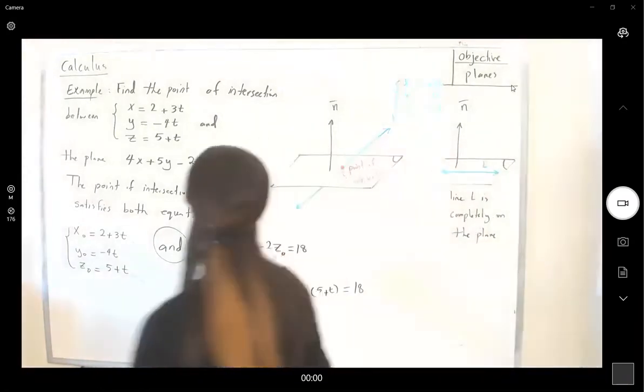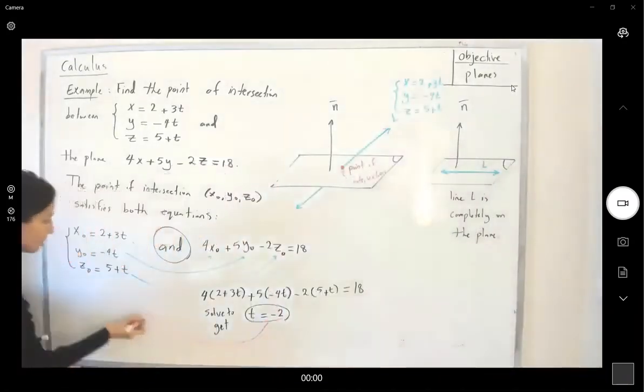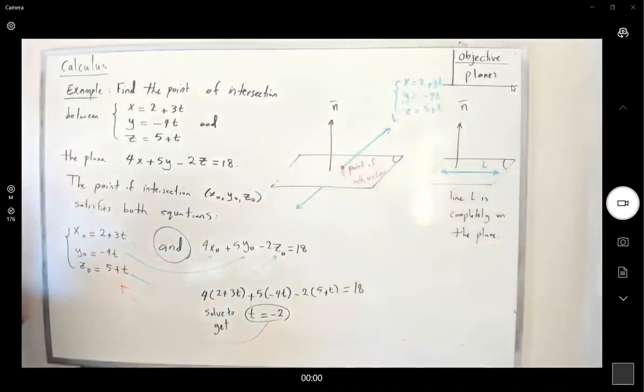Okay, I have t equals negative 2. I can get back to these equations and write the coordinates of the point. So x sub 0 is equal to 2 minus 6, negative 4. y sub 0 is equal to 8. And z sub 0 is equal to 3.